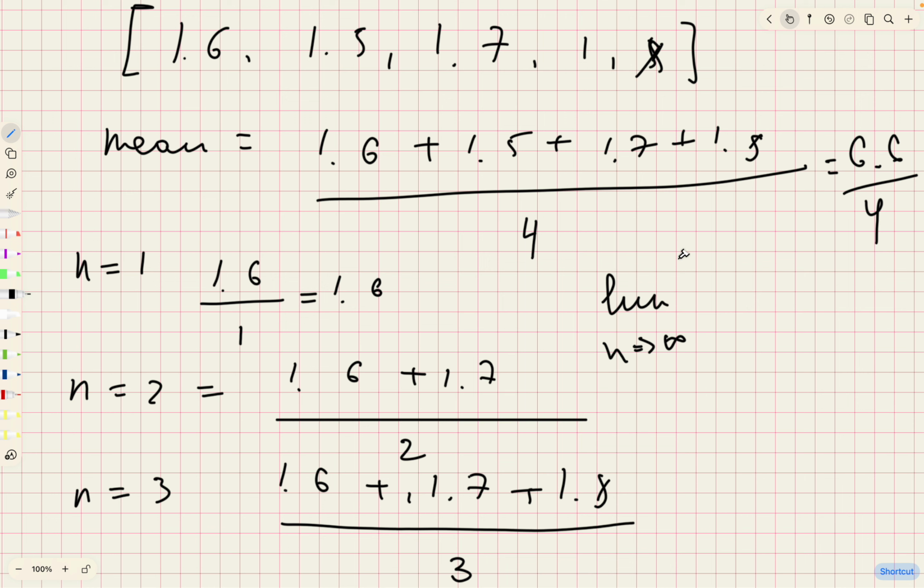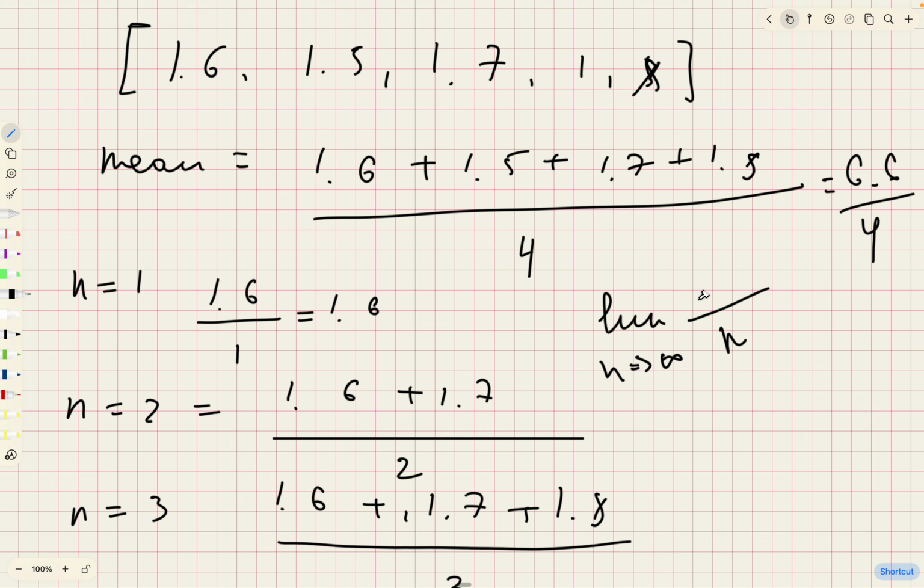The average of n samples, as n goes to infinity, in other words as it increases, gets closer to the original mean.